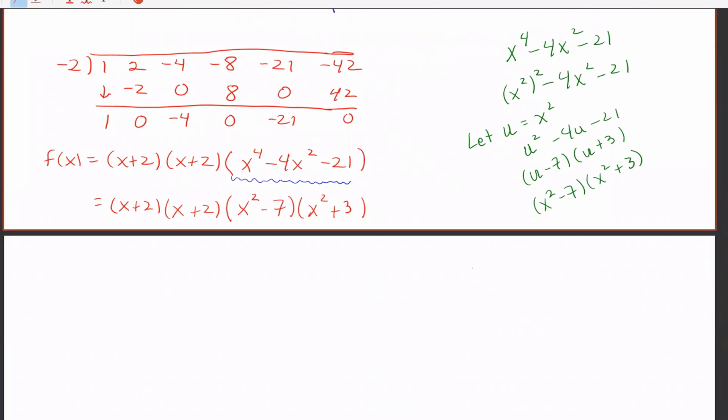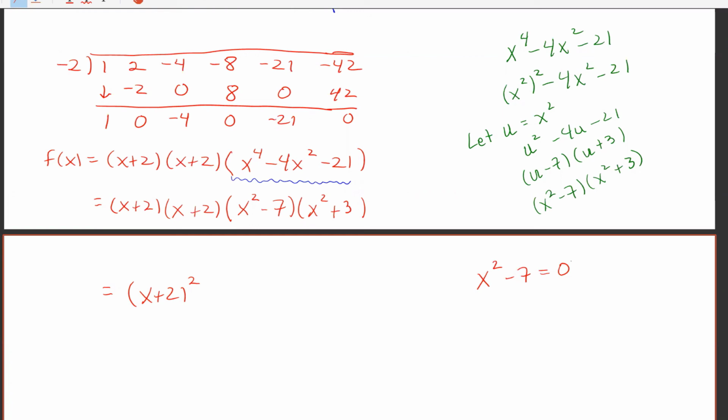Now, we can't factor this any further, but what we do want to do is identify the zeros. Well, x plus 2 times x plus 2 is x plus 2 quantity squared.